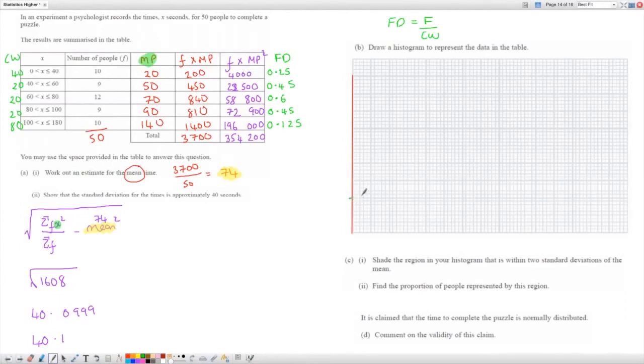So our first point here, 10, counting again, 1 to 10. Again up, 1 to 10 here.